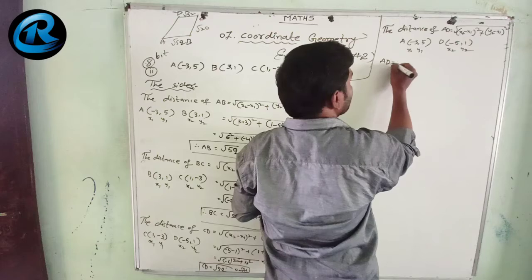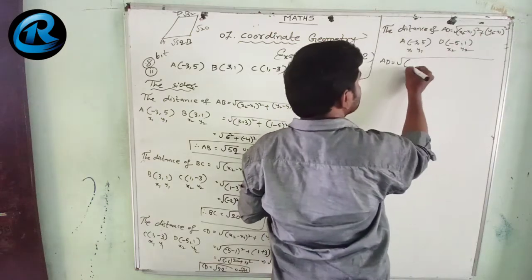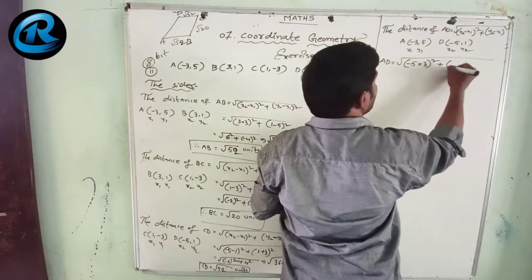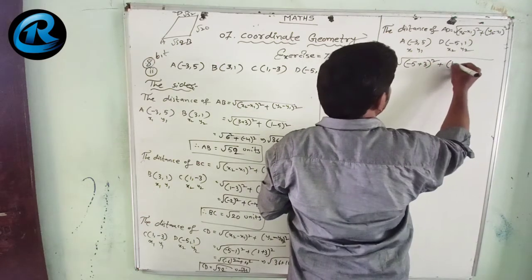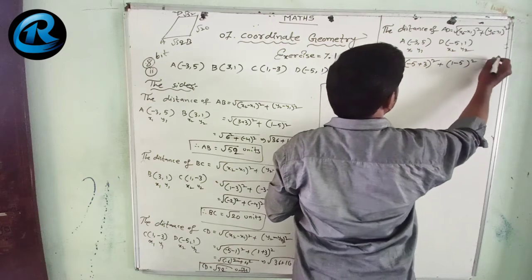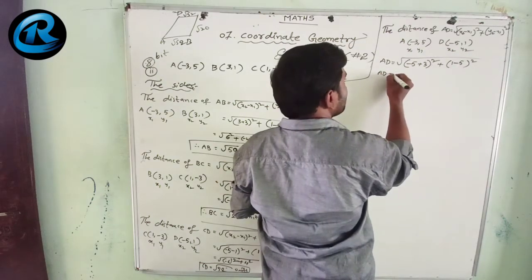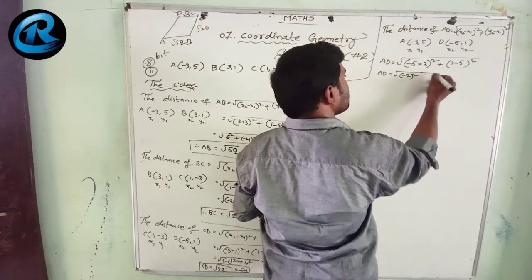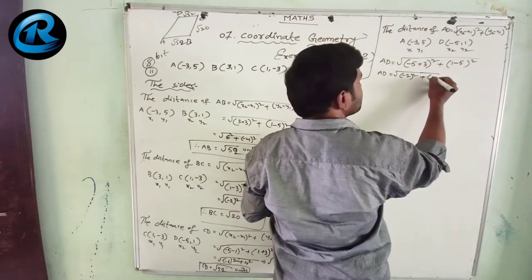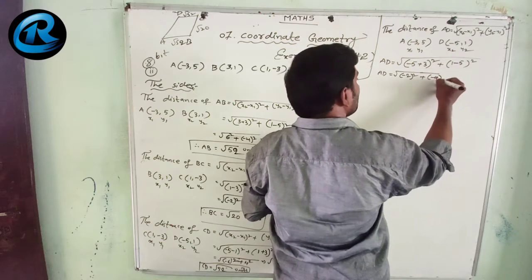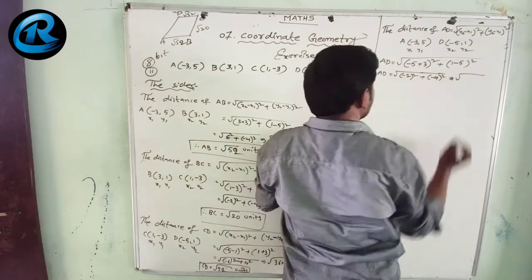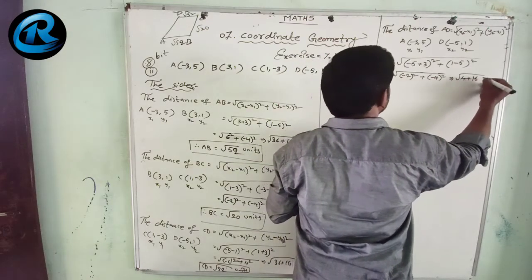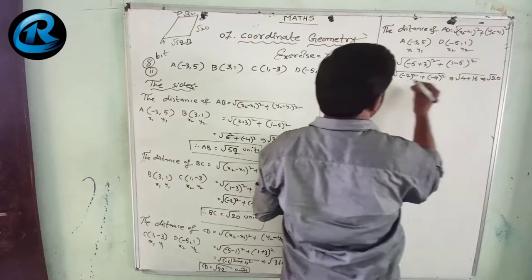Let's find out the AD equals under root of x2 minus x1, minus 5 minus of minus 3, is nothing but plus 3... so minus 2 whole square, plus y2 minus y1, 1 minus 5, is minus 4 whole square. That is equal to under root of minus 2 square is 4 plus 4 square is 16. That is equal to under root of 20.